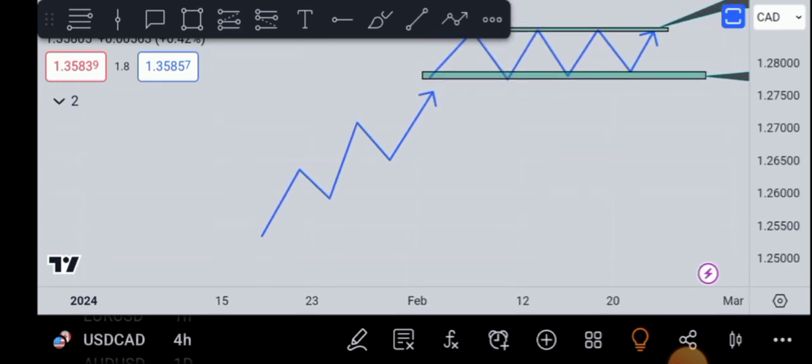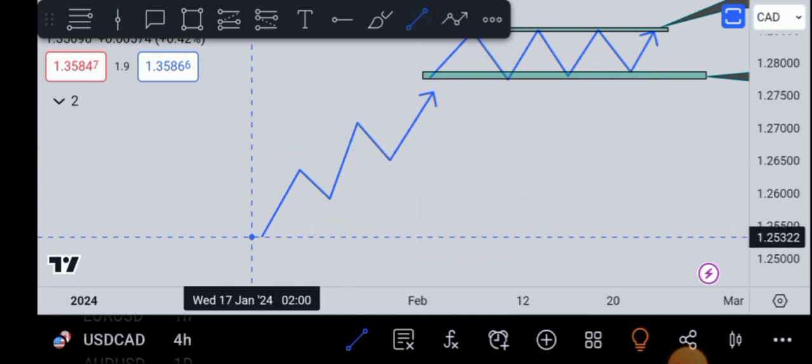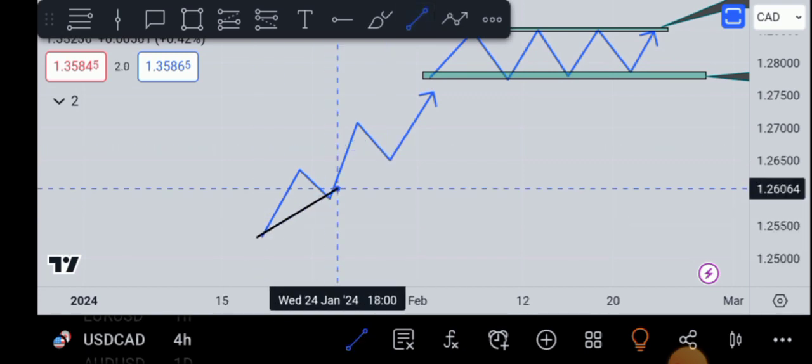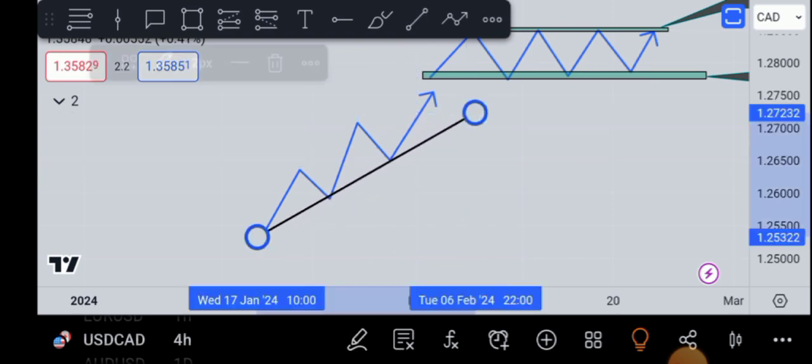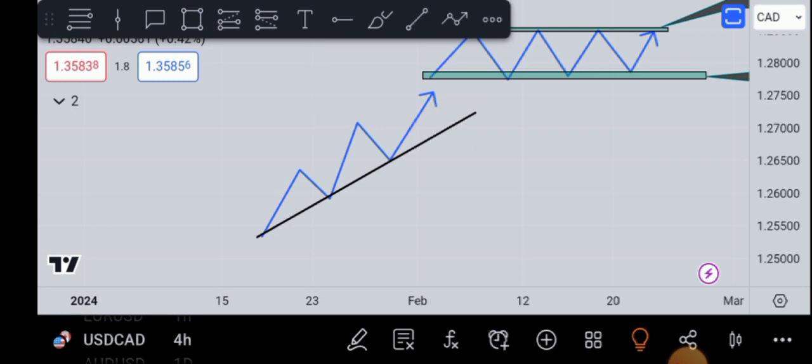Price moves like this, and we need to note that it keeps respecting a particular price level.